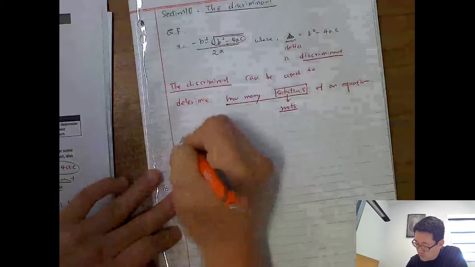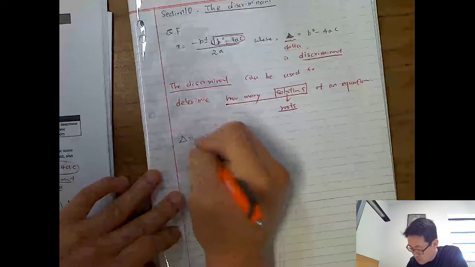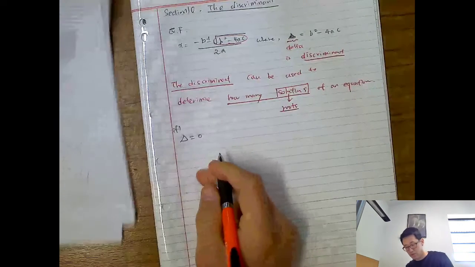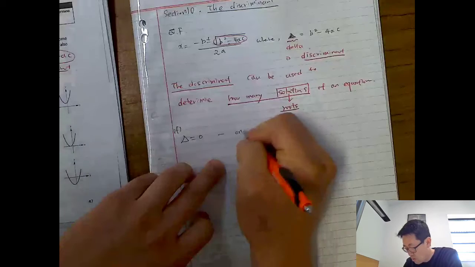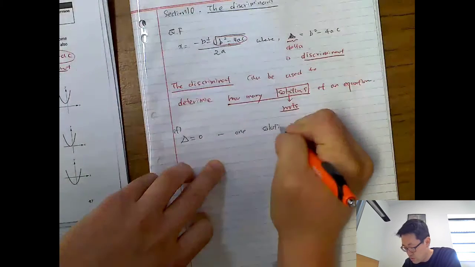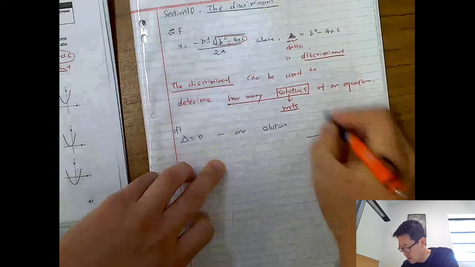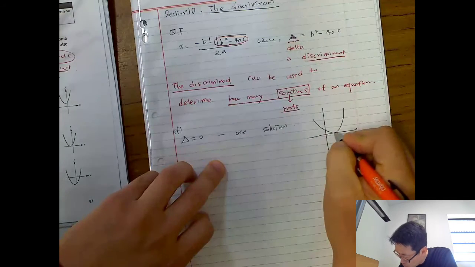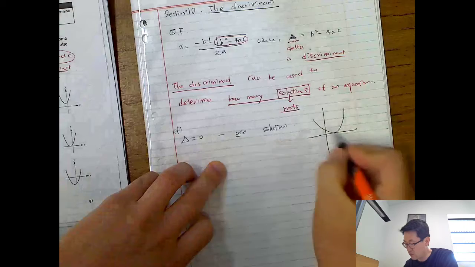So if the discriminant equals 0, we will have one solution that will look like this. It meets at one point, so we got one solution.